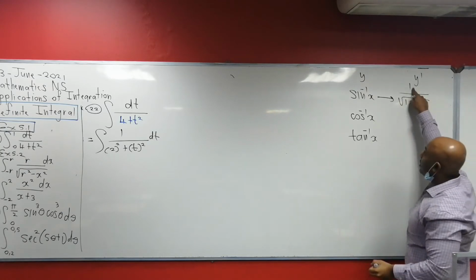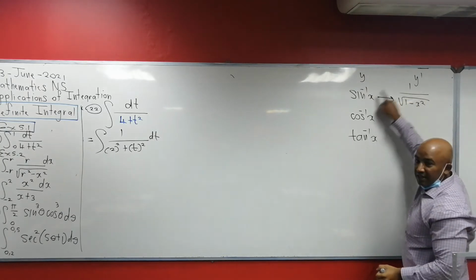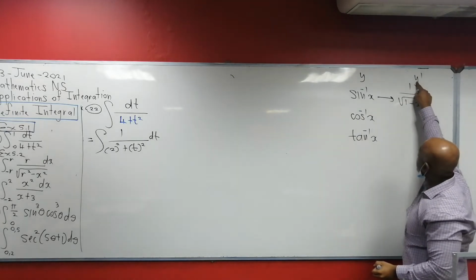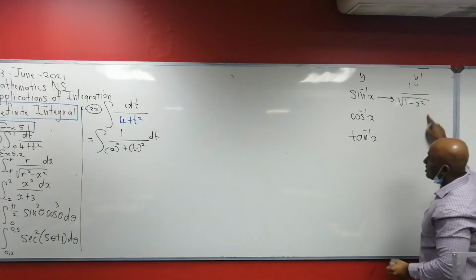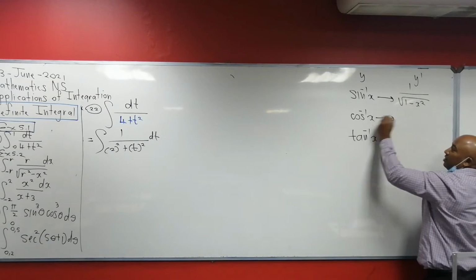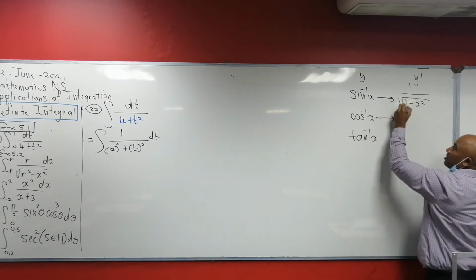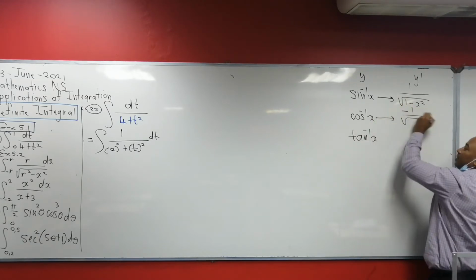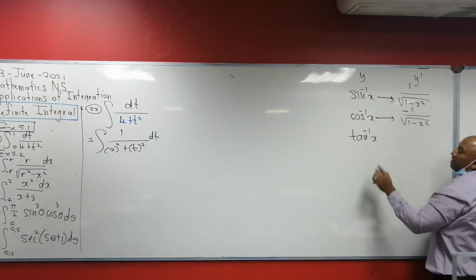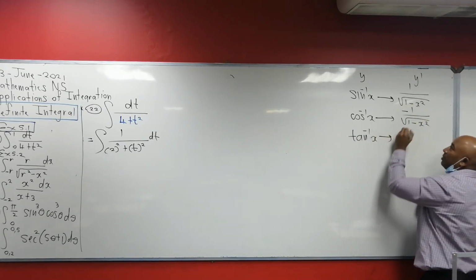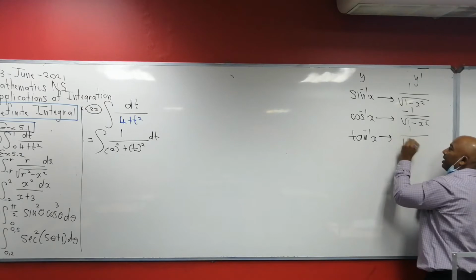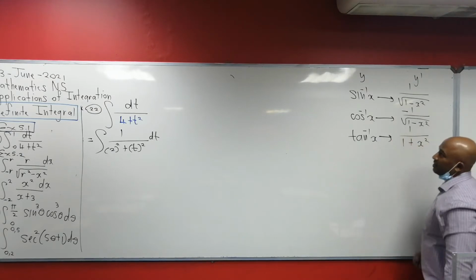How did I get this 1? It's actually, this is f of x, f prime x, the derivative of x is 1, all over the square root of 1 minus x squared. Then your derivative of inverse cos will be -1 all over the square root of 1 minus x squared. And inverse tan will be 1 all over 1 plus x squared.